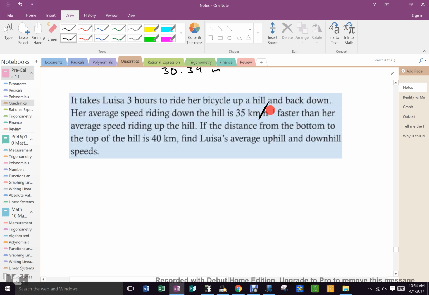Sorry about the -1. I think that's actually 3.5 kilometers an hour to the -1. You want to do it that way? I mean, it's there. 3.5 kilometers an hour downhill. She's not riding very fast. Not a very big hill.